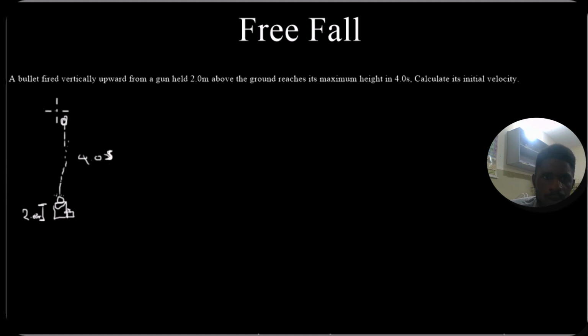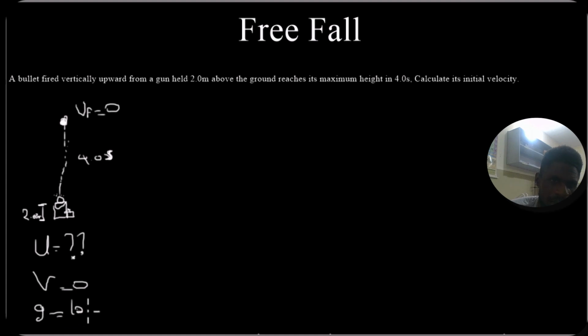Now, calculate its initial velocity. So they want us to find u is equal to what? From what we said, at the maximum height here, final velocity will be equal to 0. Definitely, I know v is equal to 0, and I know my g is 10 meters per second squared.